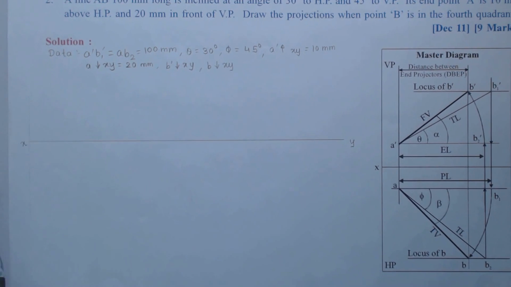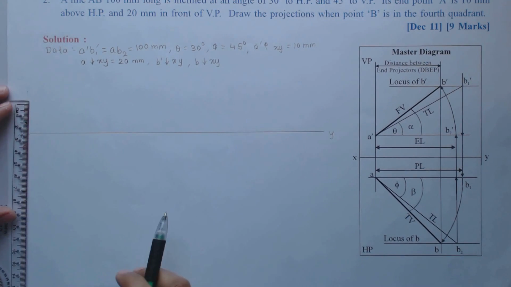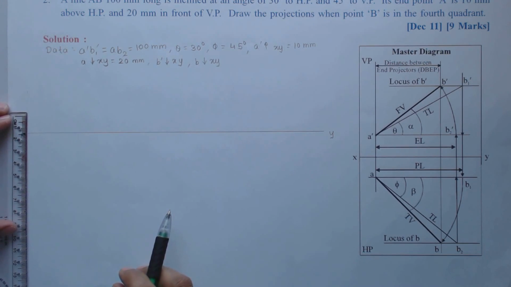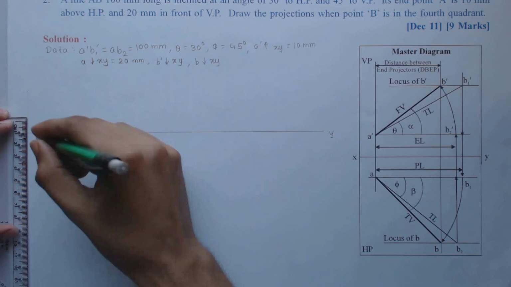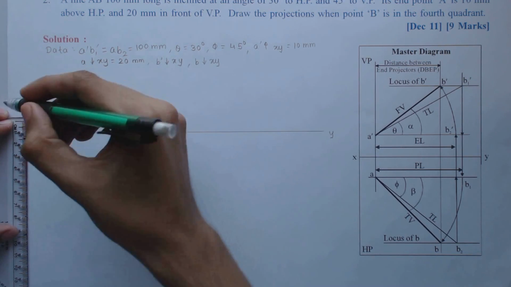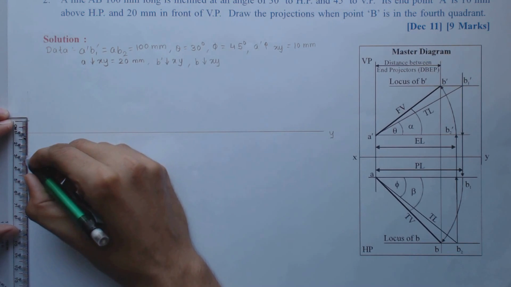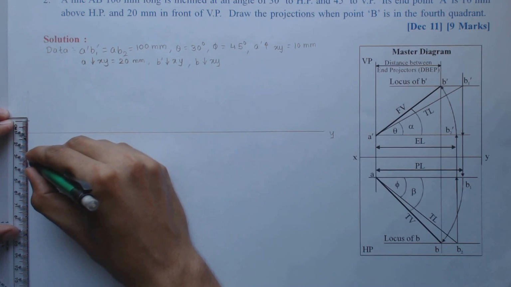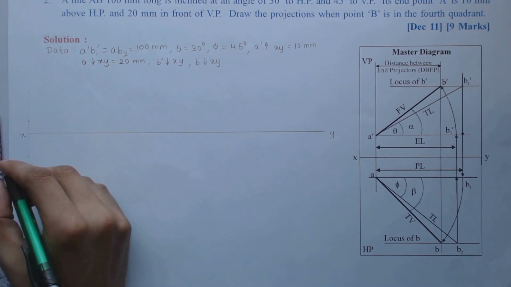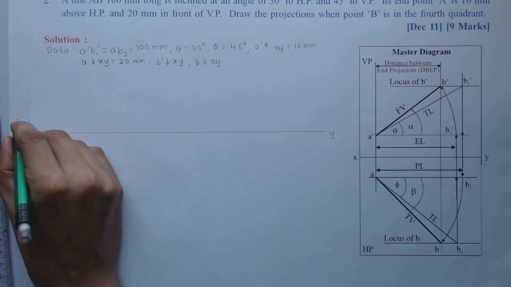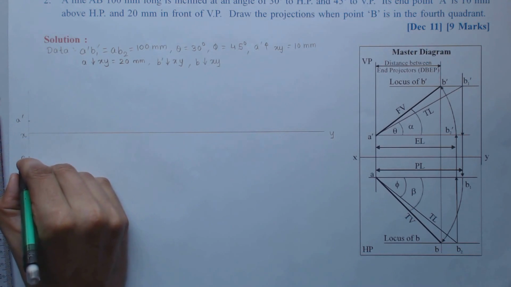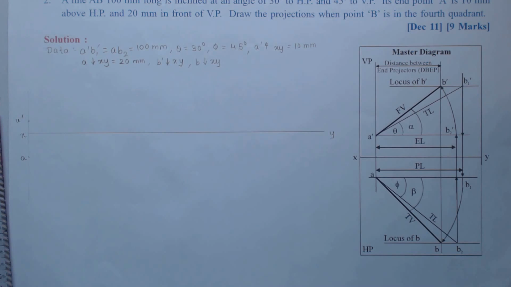So on this line, I'll locate A dash 10 mm above XY, and A is 20 mm below XY. So 20 mm further, so total 30. So I have located the position of A dash and A with respect to XY.